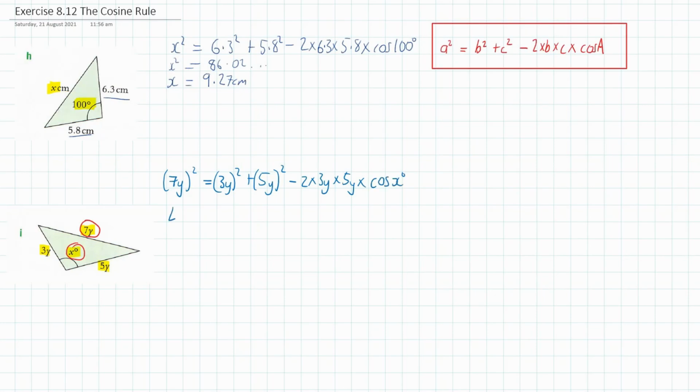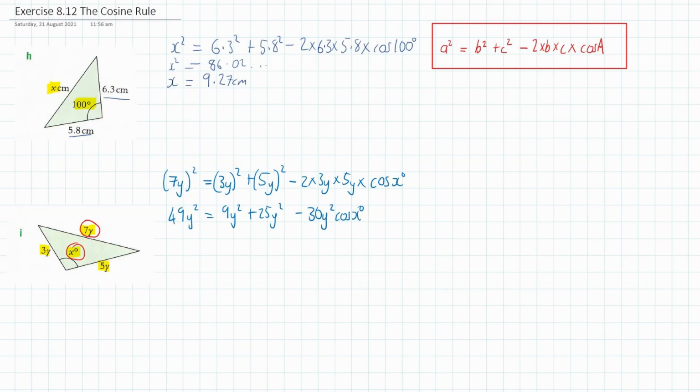Now let's just expand that out. I get 49y squared equals 9y squared plus 25y squared minus 30y squared cosine x.